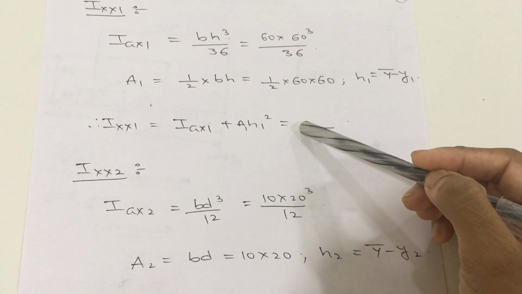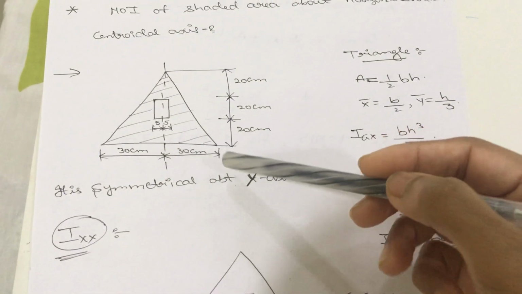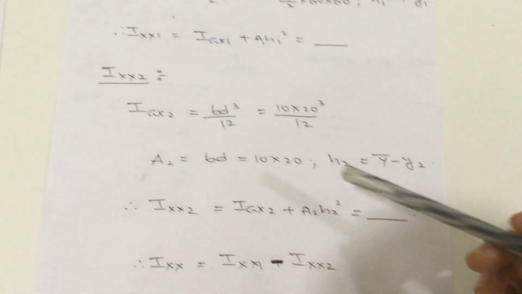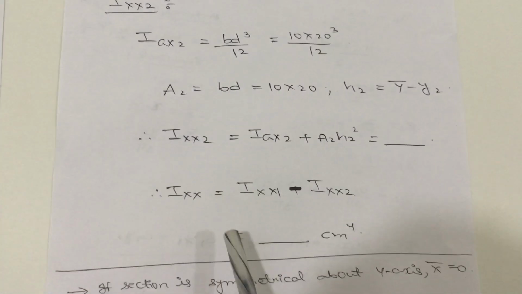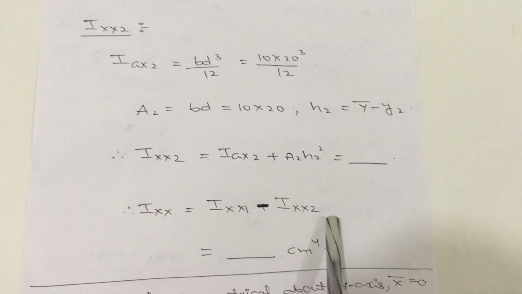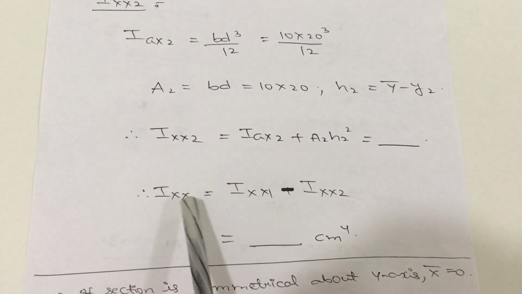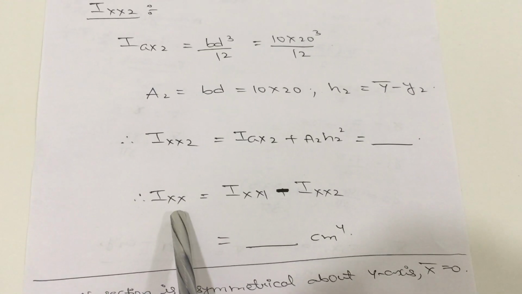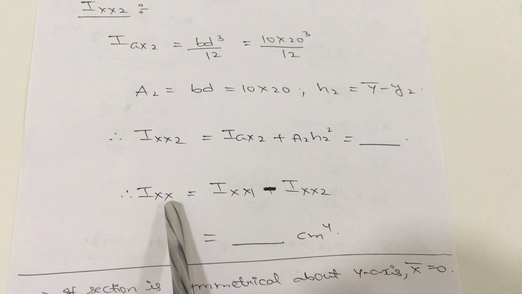Now we got Ixx1 value, Ixx2 value. Now as it is related to the cutout sections, we need to subtract the second section part, the rectangular section part, from the triangular section part. So Ixx1 minus Ixx2. By subtracting the second section from the first section, we will get the area moment of inertia for the shaded area about the horizontal centroidal x-axis.